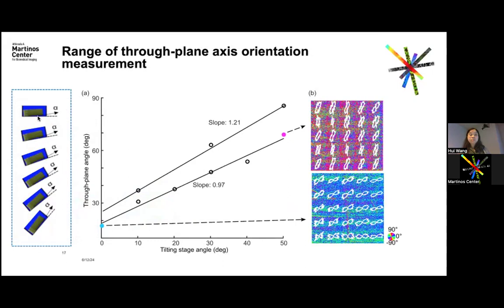But because in the original setup, even at 0 degree, there's already a small through-plane angle, not 0, it adds up by tilting 50 degrees to like 85. I bet at 90 degrees there's no signal at all. So we don't know that, but almost within this sphere we can measure the orientation.